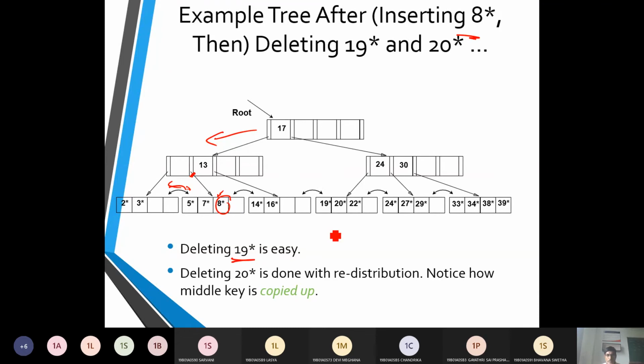Now let us see, navigating to 19. 19 is greater than 17, so it goes to the right hand side. Then it checks here, 19 is less than 24, it moves here, then it finds it and it will remove. There is no connectivity issue, so it is done.